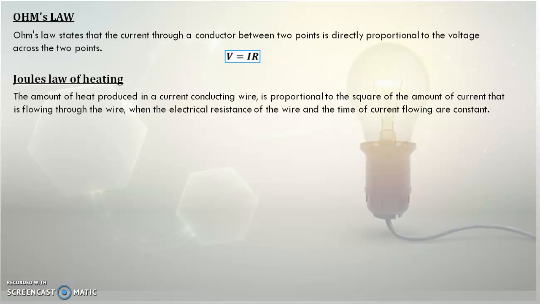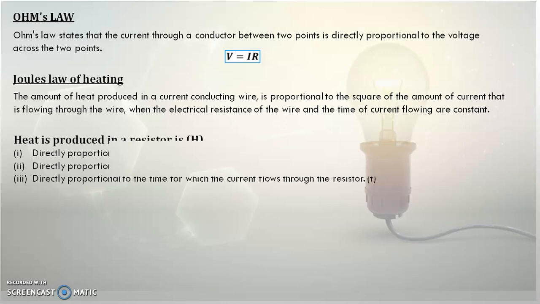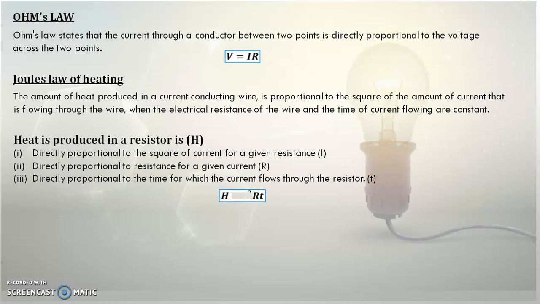Based on this definition, we can derive an equation. The heat produced in a resistor or conductor, if we denote it by the letter H, is directly proportional to the square of the current I for a given resistance.